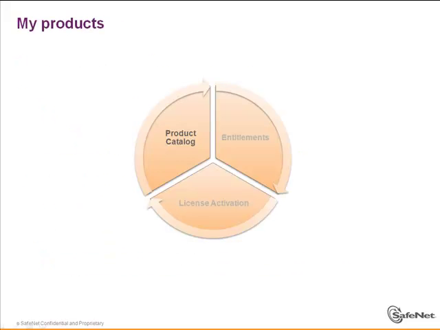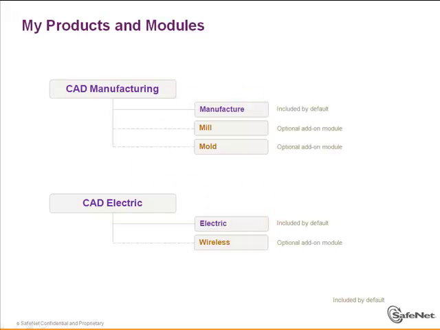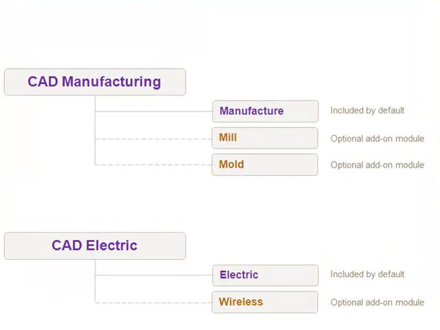So let's keep going. Now let's take a look at how I've set up my product catalog, or how I sell my products really. CAD Manufacturer comes with one module called Manufacture. I also sell a module called Mill. I also sell a module called Mold. Again, the customer can choose to purchase those as add-ons.